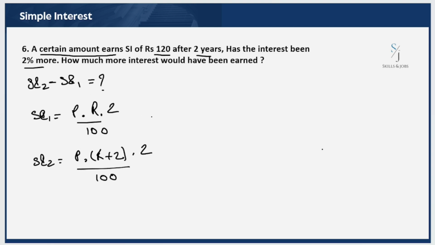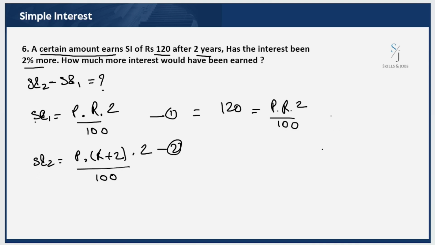Okay, so this is equation 1, this is equation 2. Now if we can see, there are three variables. This simple interest value is known, so we can write this as 120 is equal to P into R into 2 divided by 100. Simple interest 2 we are not having.